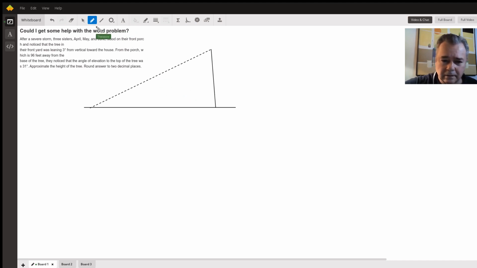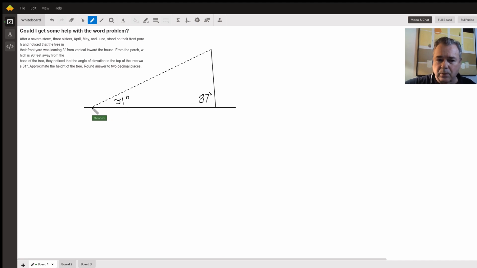Let's write these in. This is 31 degrees. And this would be 90 degrees if it were vertical, but it's 3 degrees off from being vertical. That is 90 minus 3 degrees, or 87 degrees.